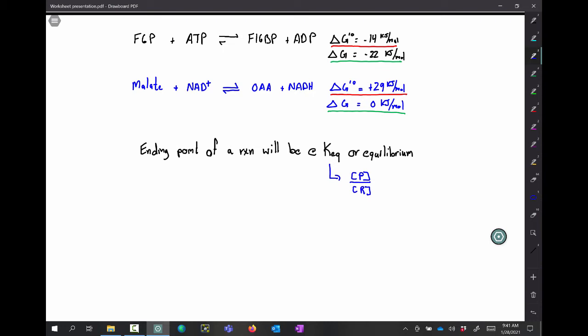So let's think about now the starting point for our reaction. And again, we can generalize this.